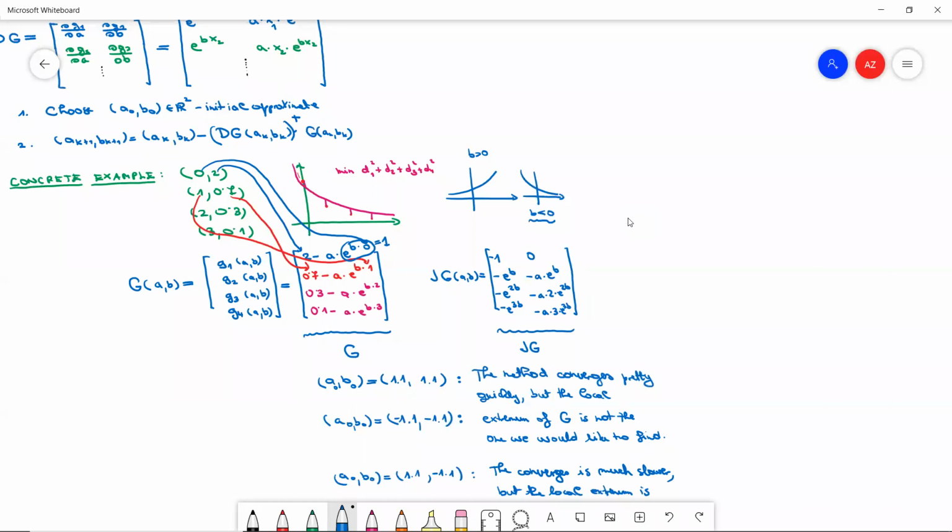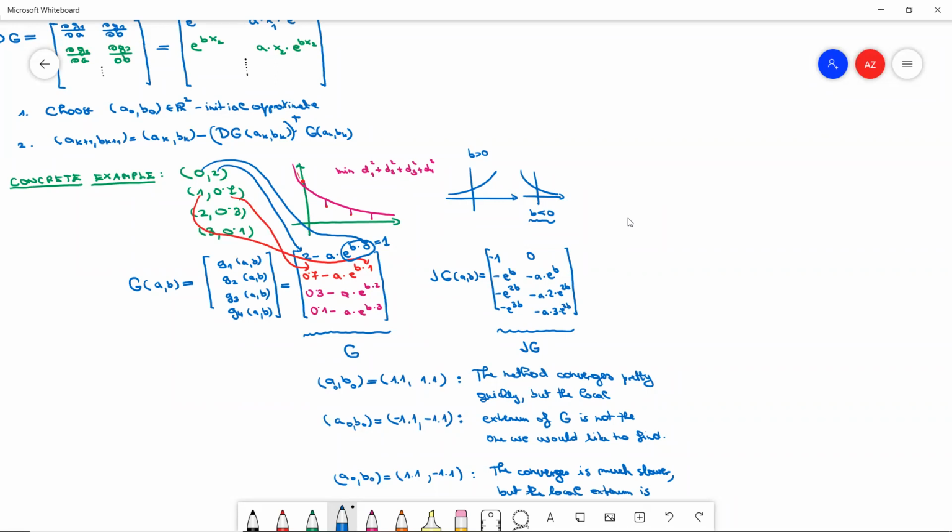It depends on the function, and there is no theory which would tell us which initial approximate to take so that we will know that the method will converge. It really depends on the function, and it's a hard question how to choose the initial approximate so that the method will converge, and if it will converge, to which local extremum it will converge.